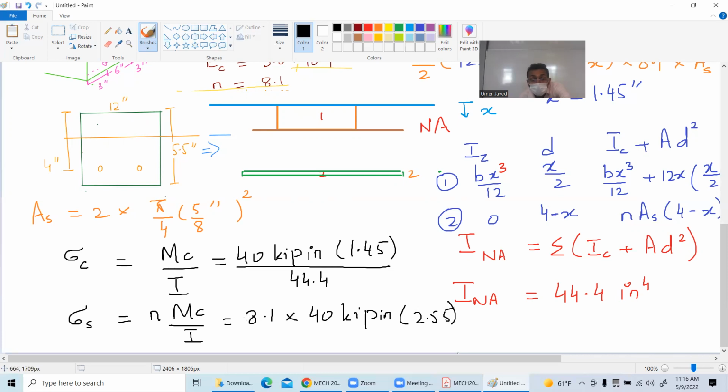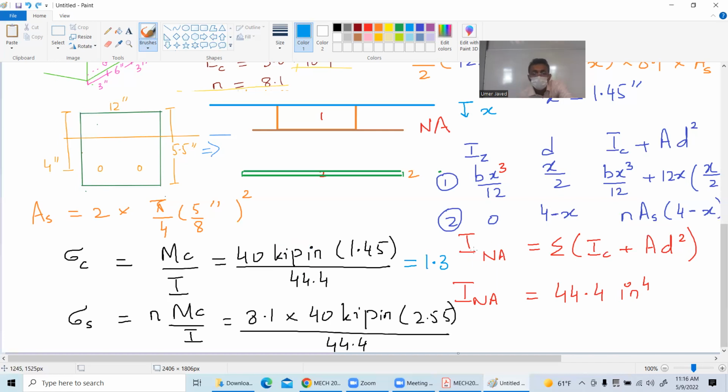Why don't you give me the values? 44.6. 1.314 for C. Okay, give me the value. 1.3. Give me the units as well. Just tell me, are you doing everything in kilo?